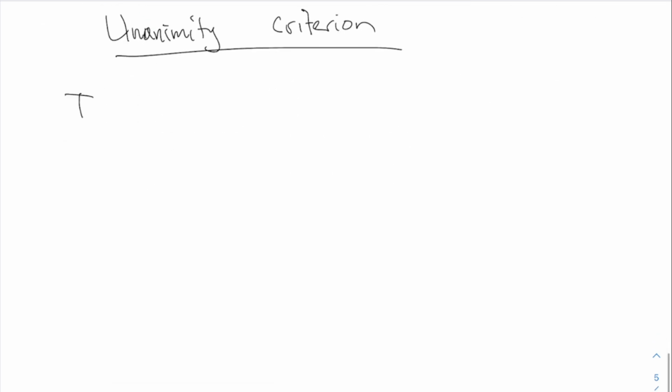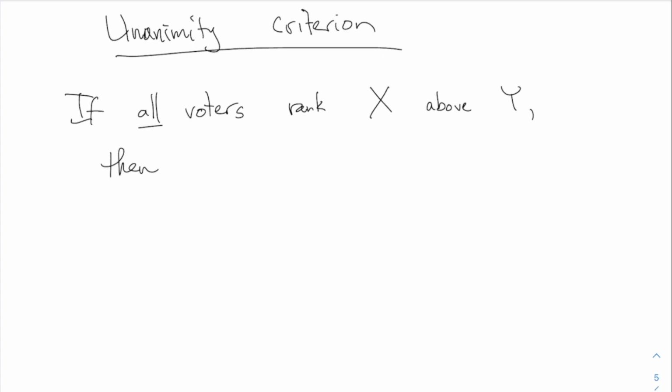It says, if all voters, this is why it's called unanimity, because it's about all of the voters. If all of the voters rank somebody X above somebody else Y, actually every single voter puts X above Y, then, anybody want to suggest what I should say here? Well, what should actually happen?